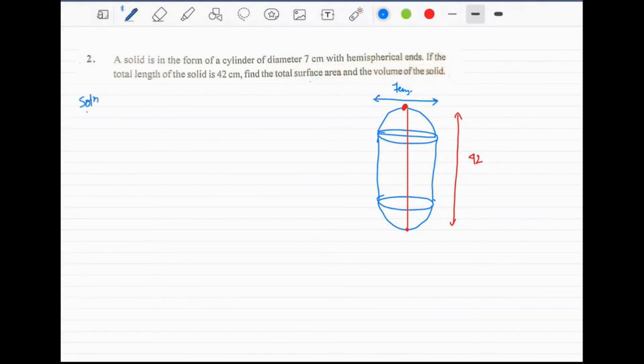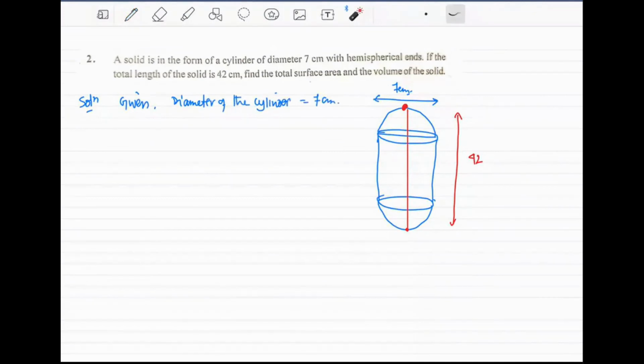The diameter of the cylinder is given as 7 centimeter. There is no use for us to work with diameter.